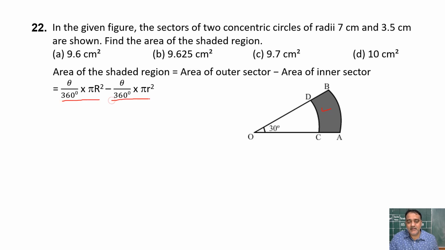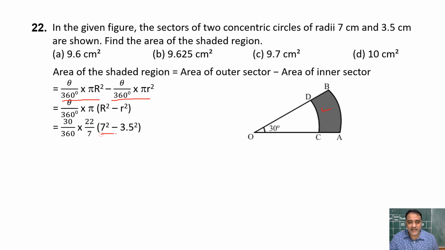दोनों में से क्या? 360 into pi. वेरी गुड. थीटा अपॉन 360 इंटू पाई इंटू कैपिटल आर स्क्वायर माइनस स्मॉल आर स्क्वायर. राइट. अब हम लोग क्या करेंगे? वैल्यू सब्सटीट्यूट करेंगे. थीटा इज 30, pi is 22/7, capital R is 7, small r is 3.5.